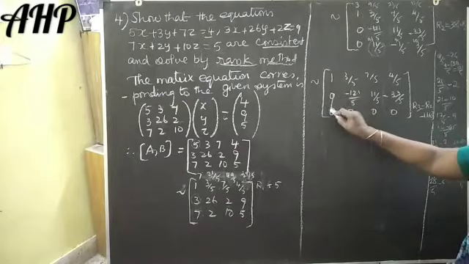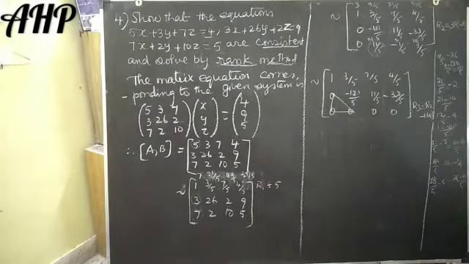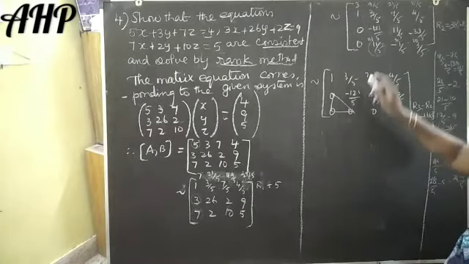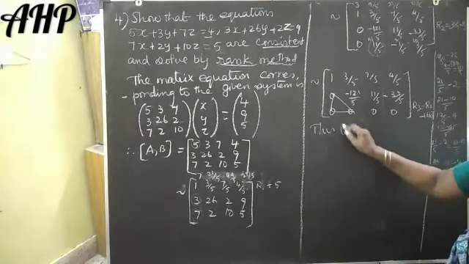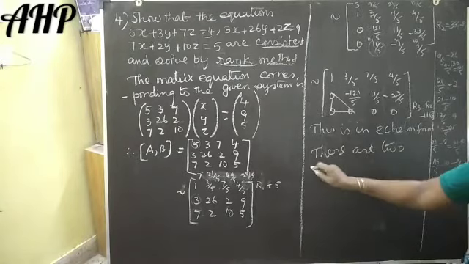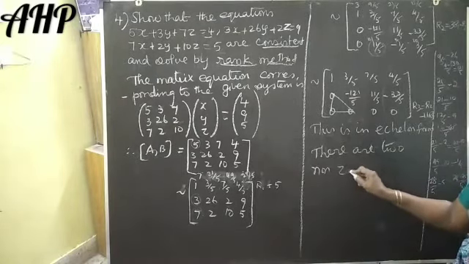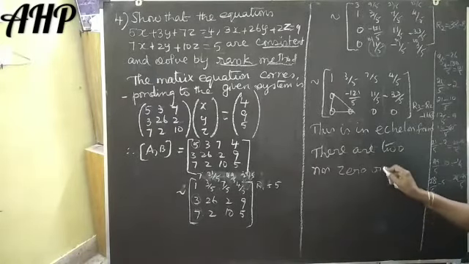So this is an echelon form where there are only two non-zero rows.